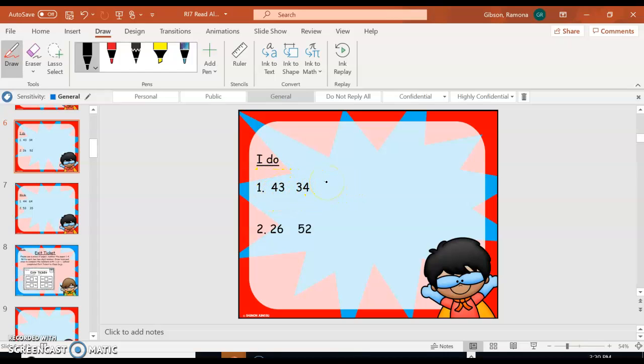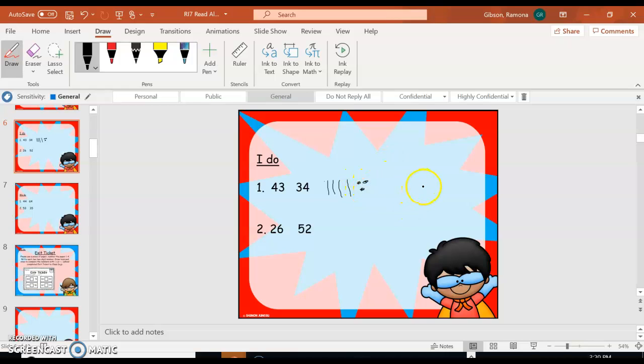So I'm going to draw the number 43 using tens and ones. So 10, 20, 30, 40, 41, 42, and 43.